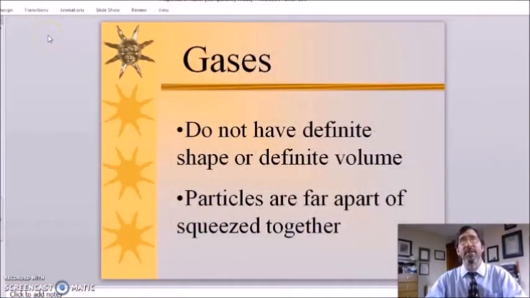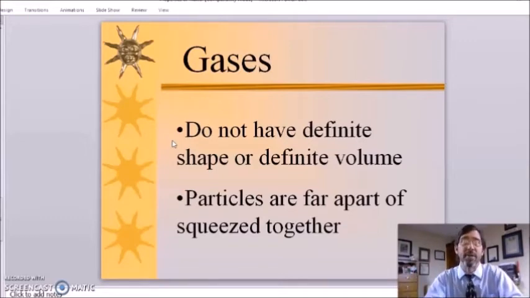Here we have the slide on gases. For your notes especially, gases do not have a definite shape, nor do they have a definite volume. They want to disperse, they want to spread out.